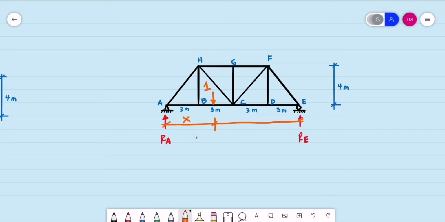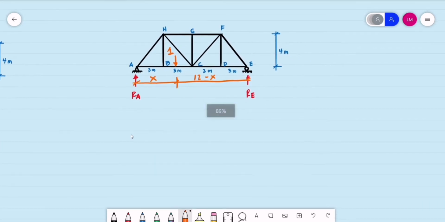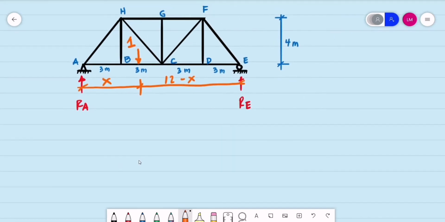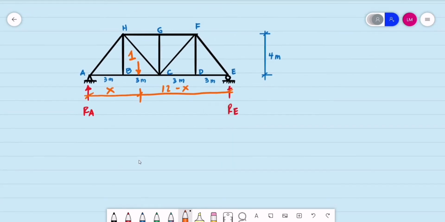Since the distance between the supports is 12 meters, the remaining distance will be 12 minus x, that is from the 1 unit load to point E. Alright, so let's have the equation for the vertical reaction at A. We may do the summation of moments at E equal to 0, assuming clockwise moments to be positive.